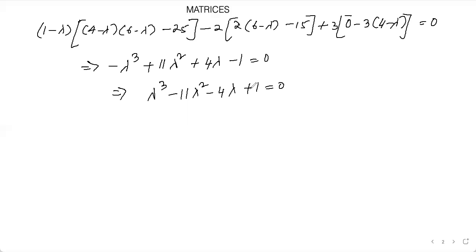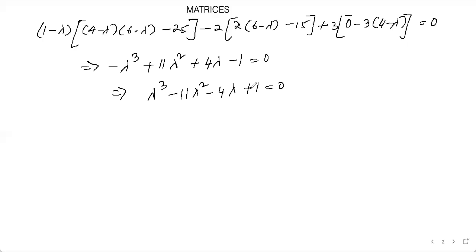Hence we got the characteristic equation, and by the Cayley-Hamilton theorem, every square matrix satisfies its own characteristic equation. So A must satisfy its equation.